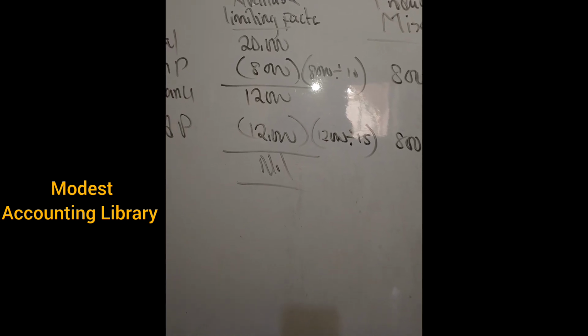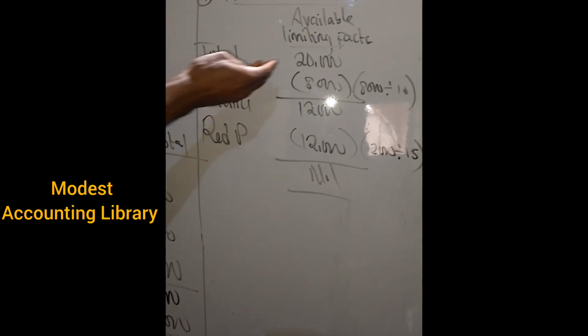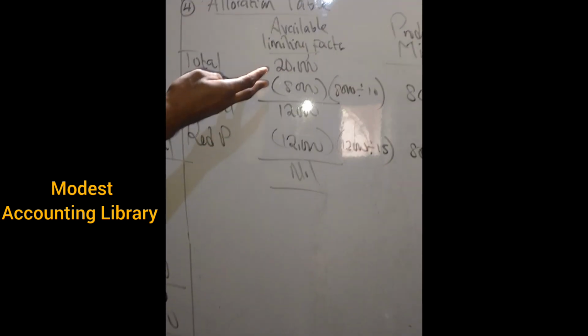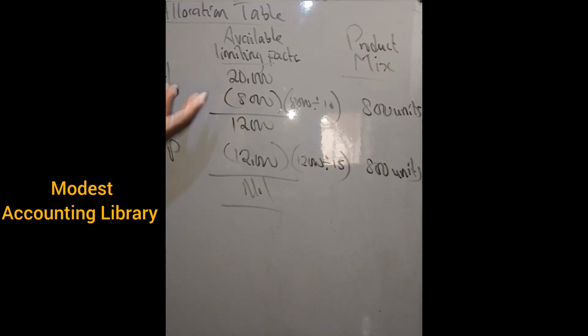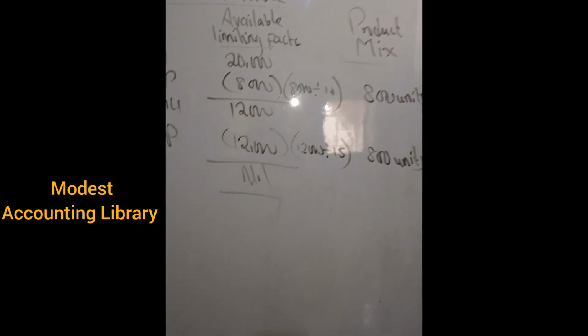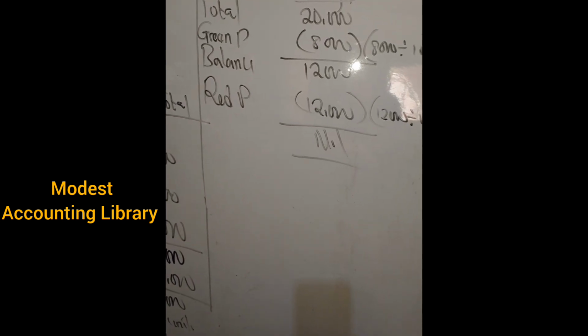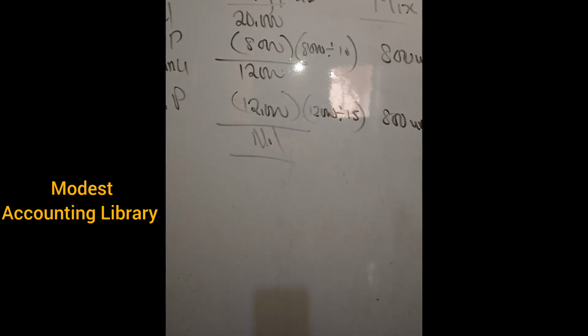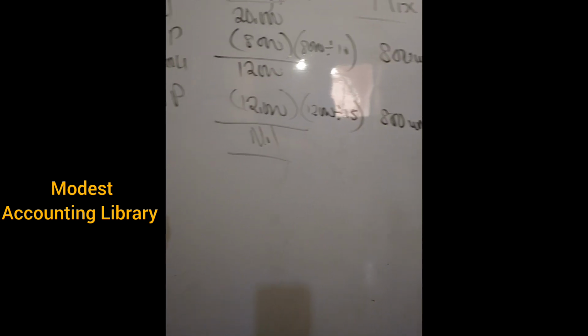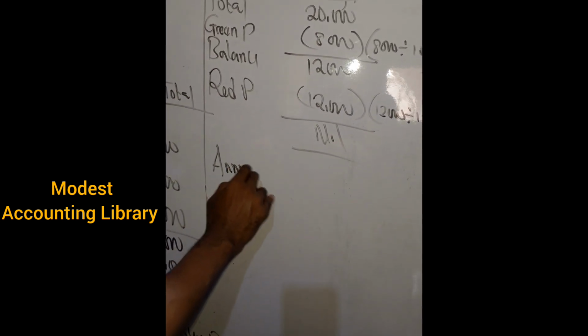Now we are done with the allocation table. Can you see that we have finished allocating the available, scarce or limited factor, which is 20,000? We have allocated it based on our ranking. Now, what do we advise the company? What is the product mix?